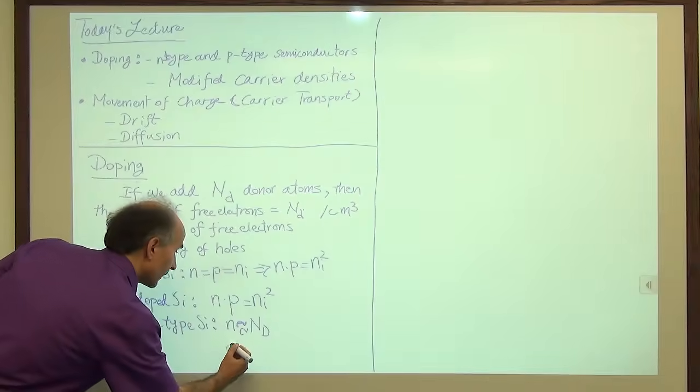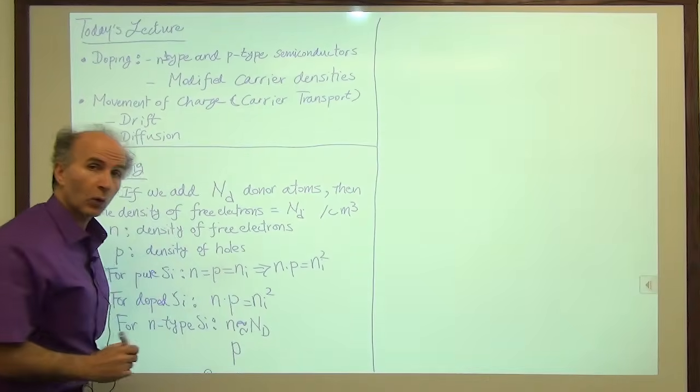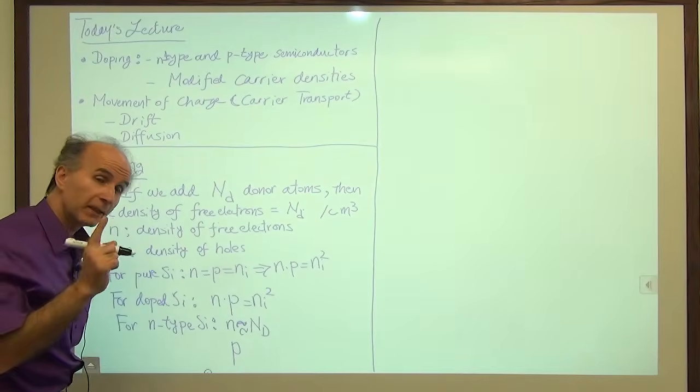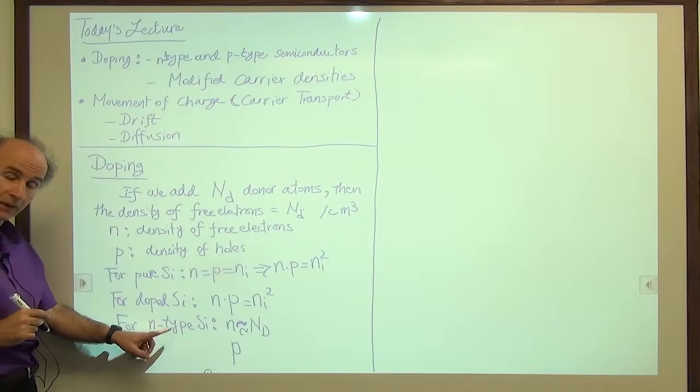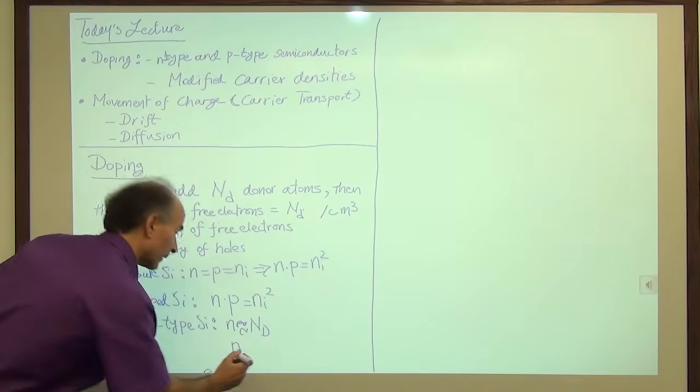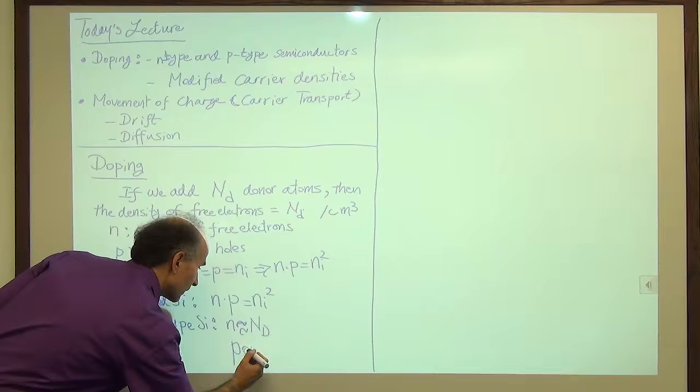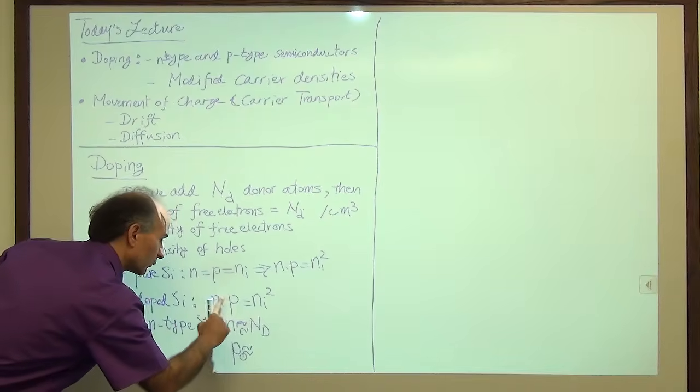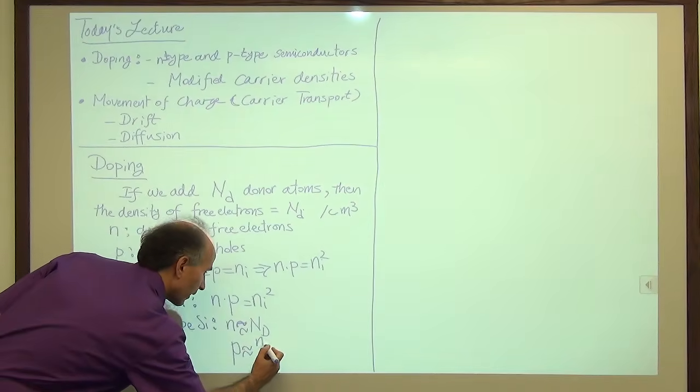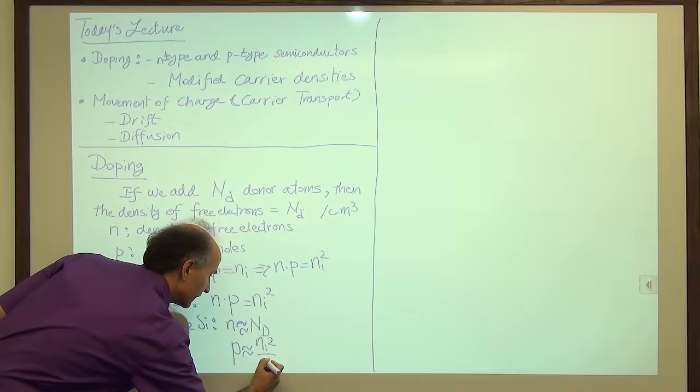It says P, the density of holes inside an N-type material, is equal to Ni squared over N. So it's equal to Ni squared over Nd.